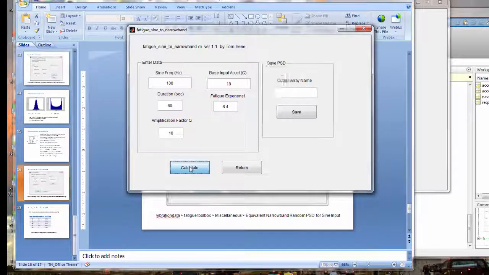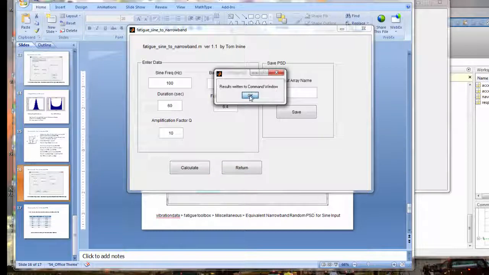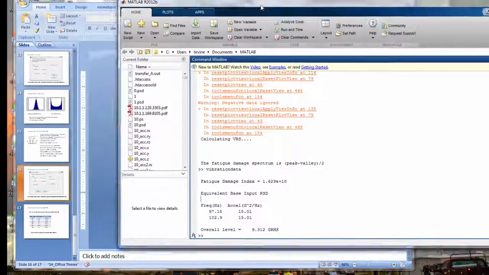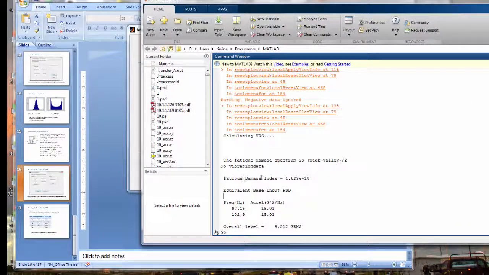What should our g² per hertz value be? It says, look in the command window. If we look at the command window, we see that, first of all, our fatigue damage index for the sinusoidal response is about 1.6 e to the plus 18th. So in order to come up with an equivalent narrowband PSD that will cause the same acceleration response damage, we've already decided it's going to be a 1/12th octave band centered about the 100 hertz sine frequency.